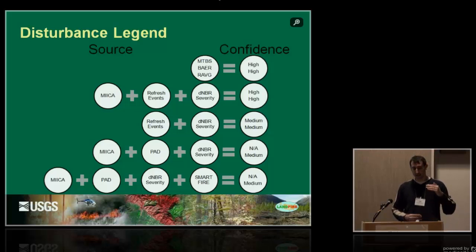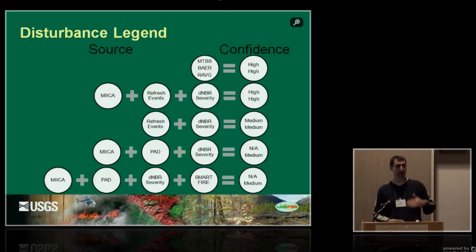And then the thing that we give the most confidence to in terms of causality would be our refresh events, and then also where we have our MICA detected change and severity information, and so on down the line. As we know less about the source of the information, we're still fairly confident with the severity that we get assigned to it via this process, but we can only then guess as to the causality.